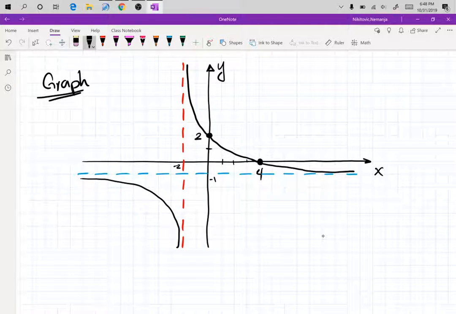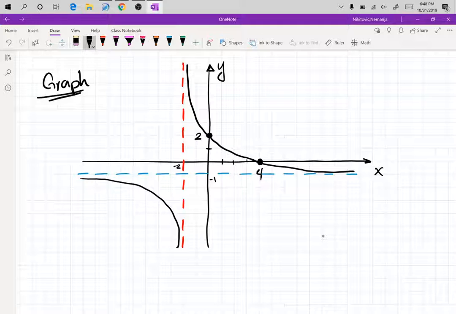you go to the graphing utility, whatever you like, and you enter 6 divided by x plus 2, minus 1. And the first thing you will notice, X-intercept at 4, Y-intercept at 2.